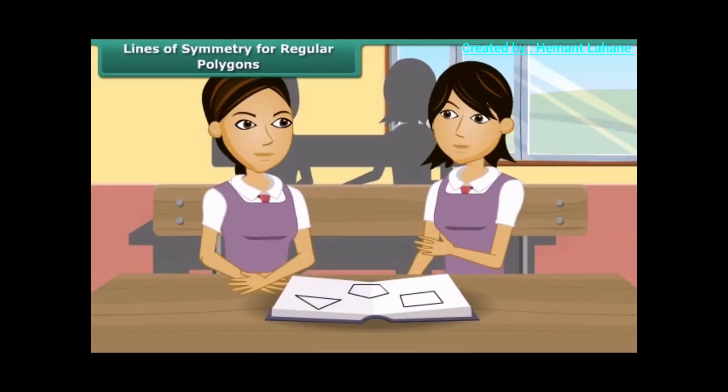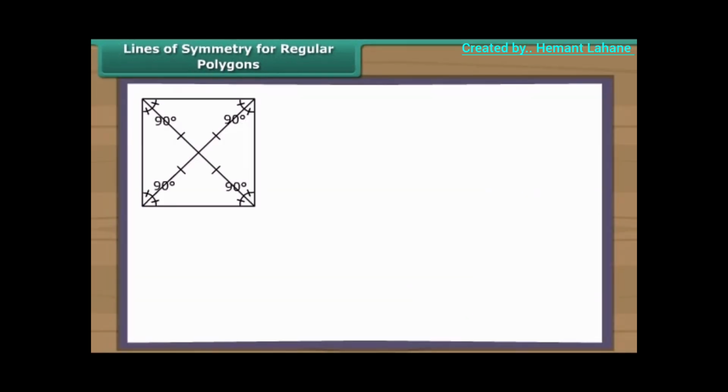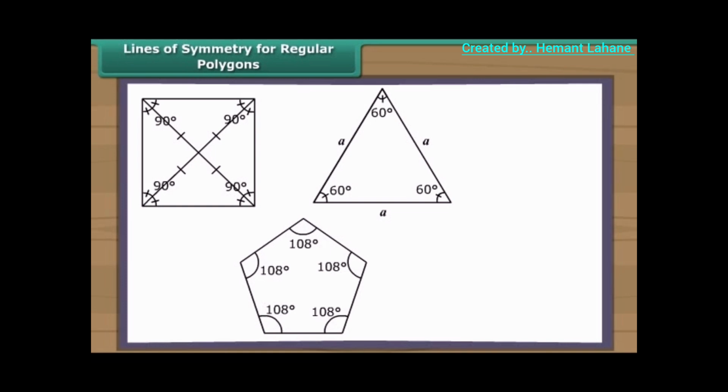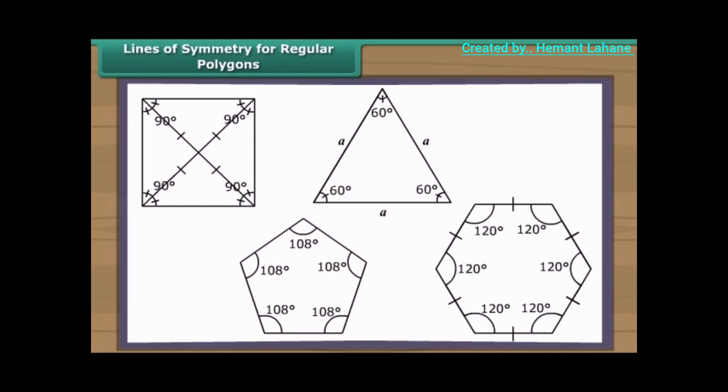And a regular polygon is one whose line segments are all equal and the measures of all the angles are equal. Therefore, a square, an equilateral triangle, a regular pentagon, a regular hexagon are examples of regular polygons.